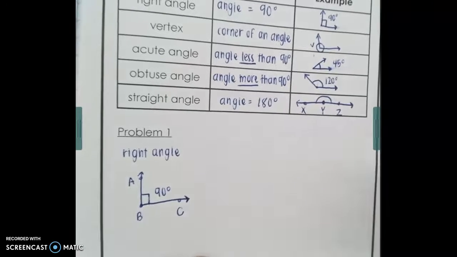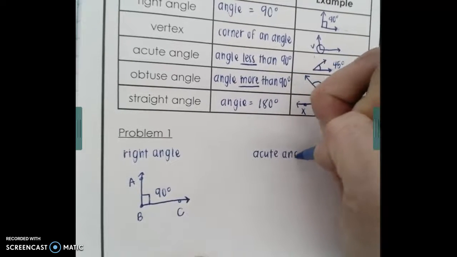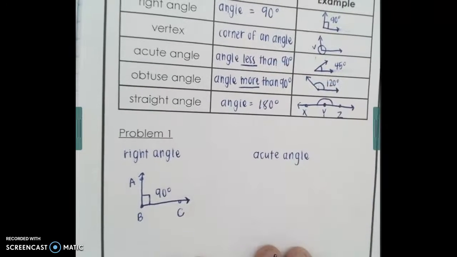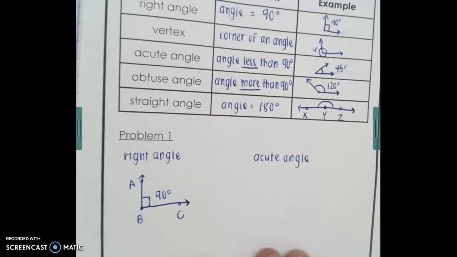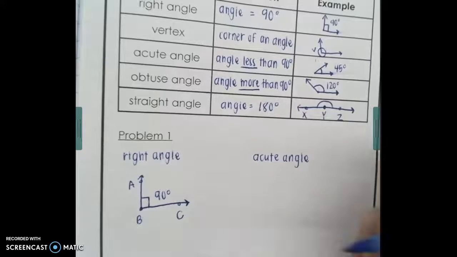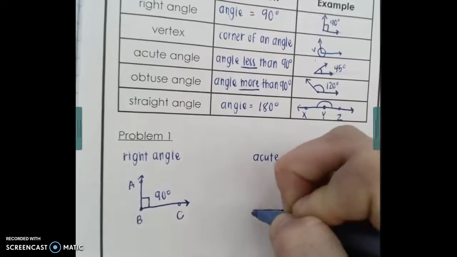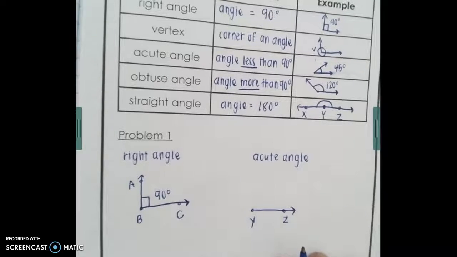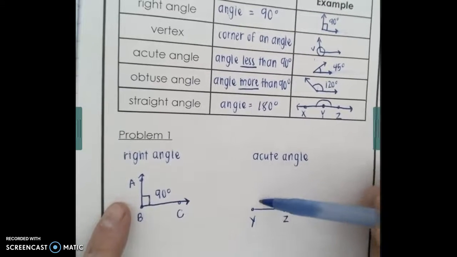Okay, next one we're going to try is draw an acute angle. Remember, we're going to think of something tiny, acute. So let's pick 3 new letters for my acute angle. I'm going to do X, Y, Z. So I'm going to have a straight line for my Z here, my Y here. Now I want it to be smaller than 90 degrees. So if I go straight up, that would be 90.